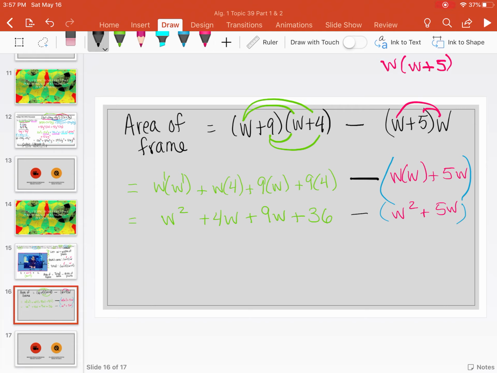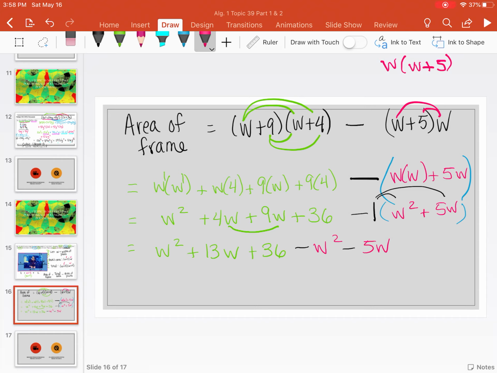Remember, when we're subtracting, we're really multiplying each value by a negative 1. So we have W squared. I can also combine my like terms here. 9W and 4W gives me 13W plus 36, minus W squared and minus 5W in this case.